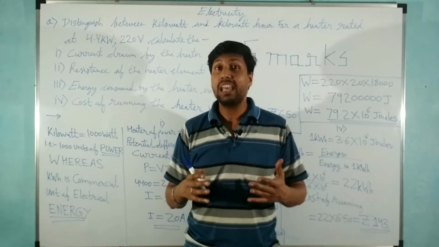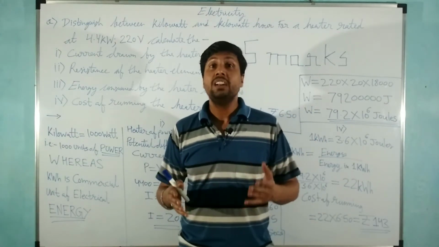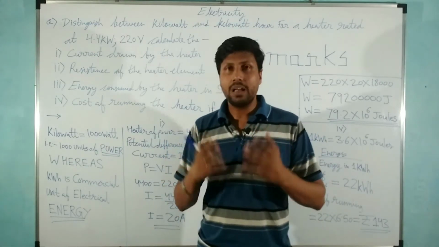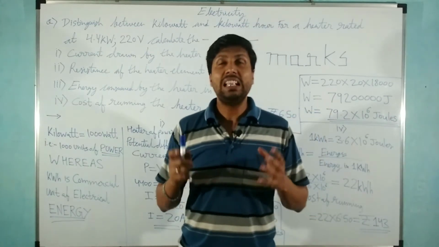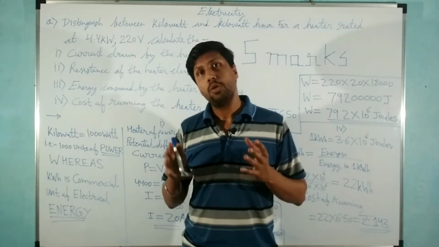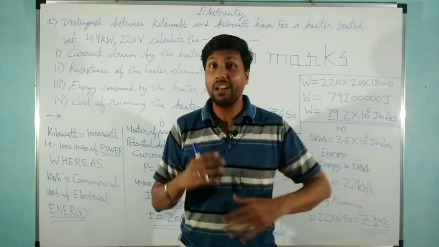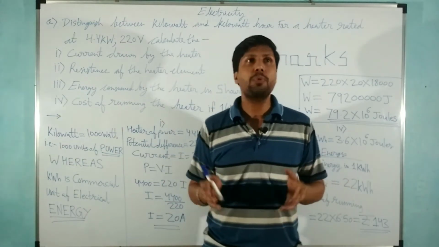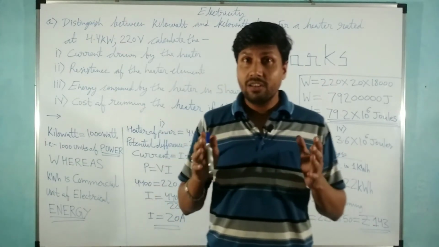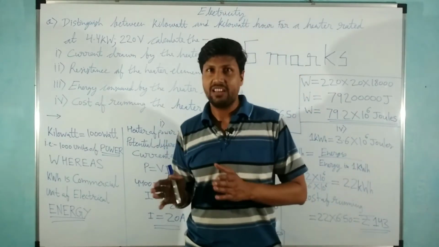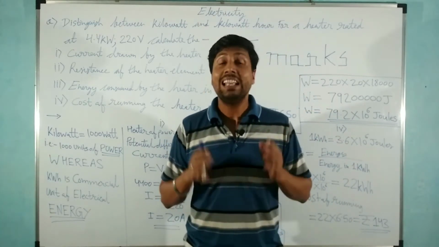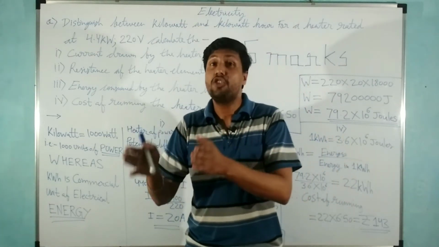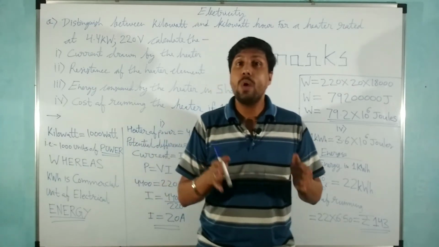So in large scale industries, the unit of electrical energy is the kilowatt hour. For example, suppose there is a drill machine which is rated as 1000 watt, and if it runs for 1 hour, then the electrical energy consumed by that drill will be 1 kilowatt hour.